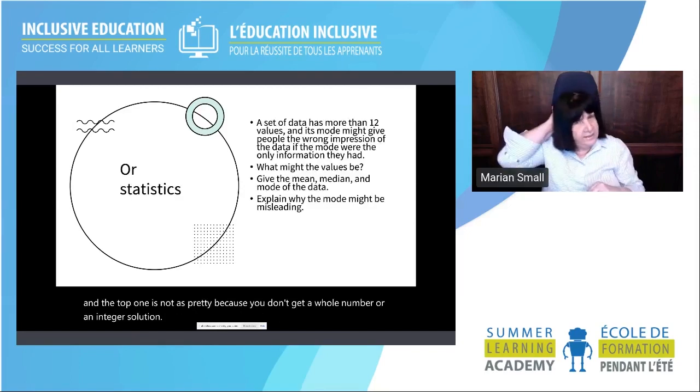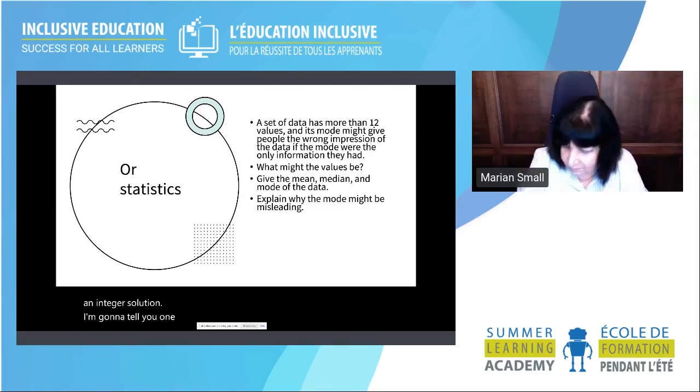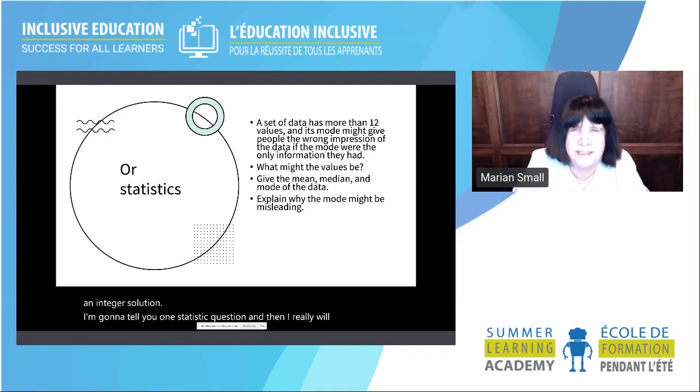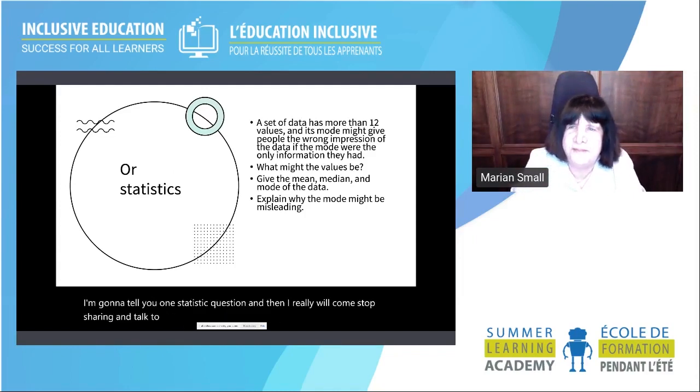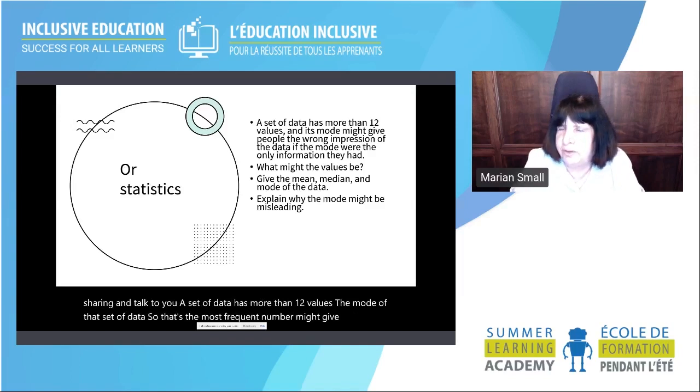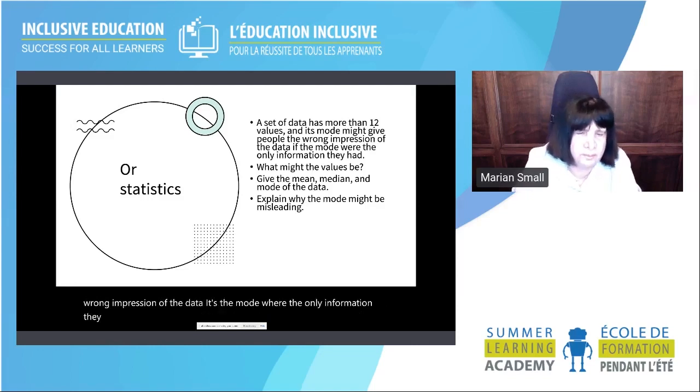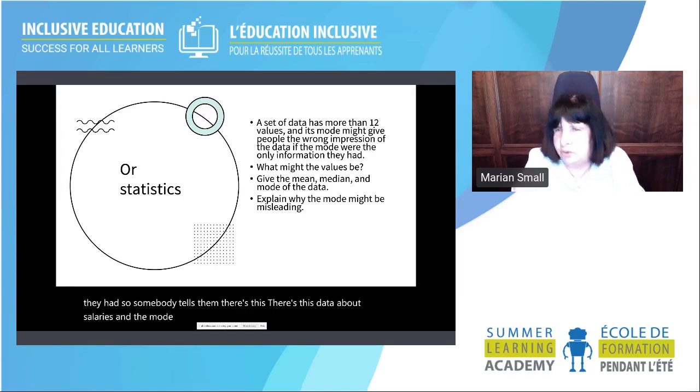I'm going to tell you one statistics question, and then I really will stop sharing and talk to you. A set of data has more than 12 values. The mode of that set of data, so that's the most frequent number, might give people the wrong impression of the data if the mode were the only information they had. So somebody tells them there's this data about salaries, and the mode salary was $1 million.